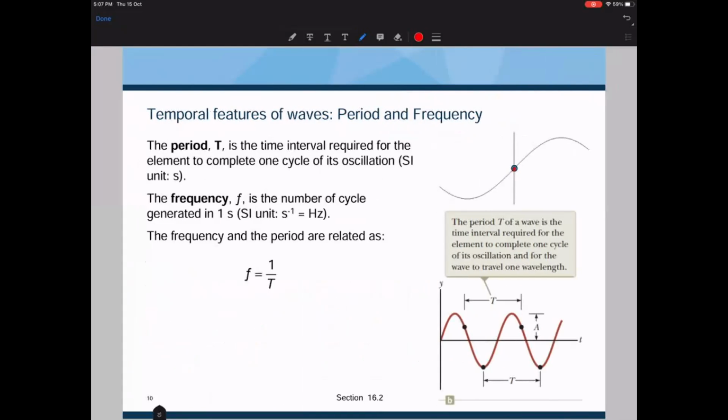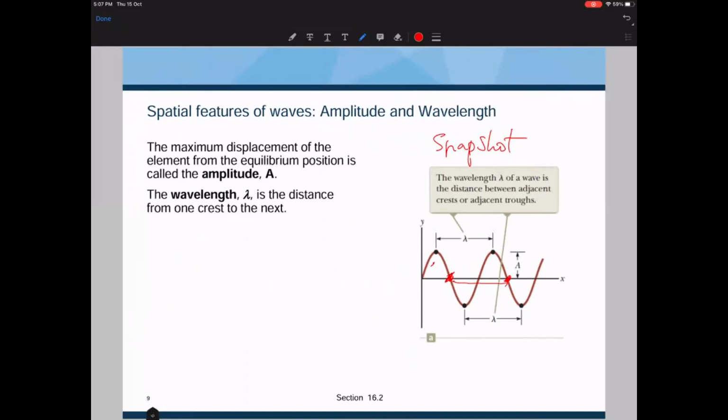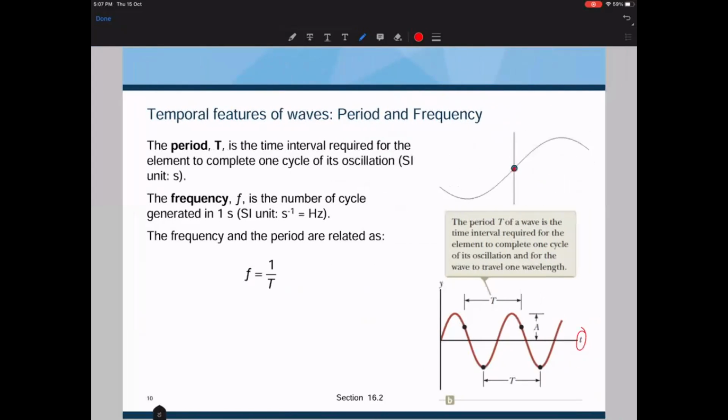Of course, if you have the y versus t graph or y versus x graph, you would not have theta.